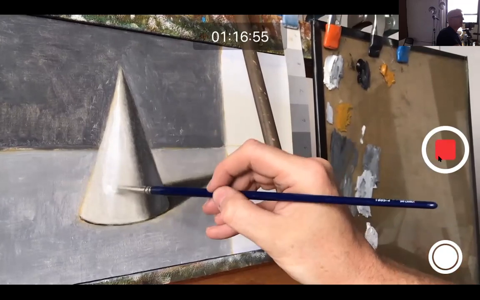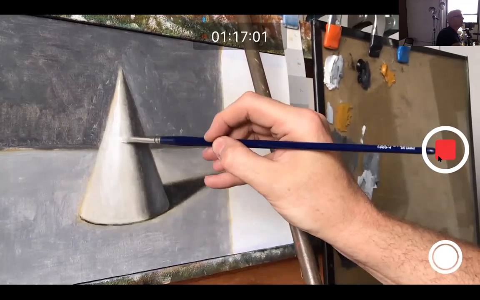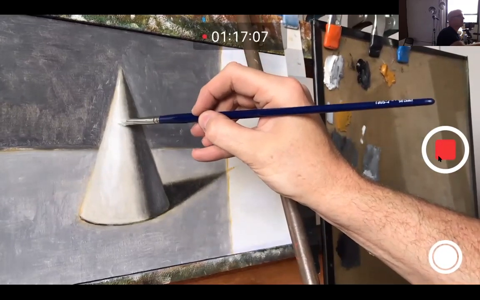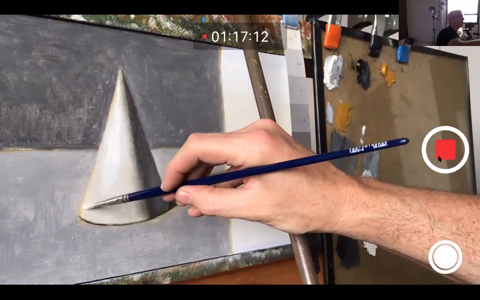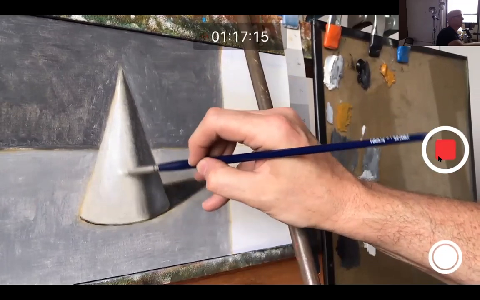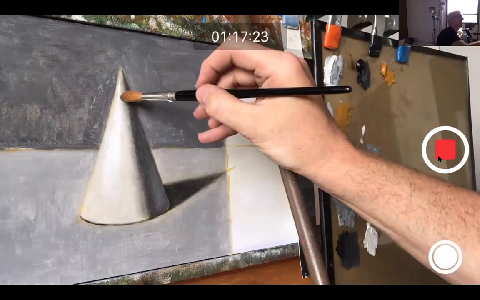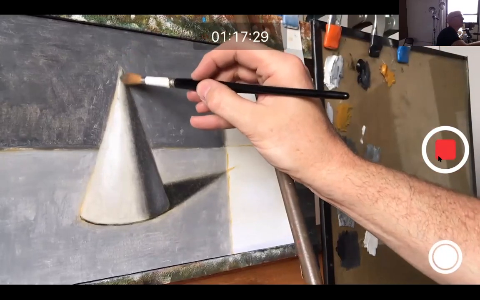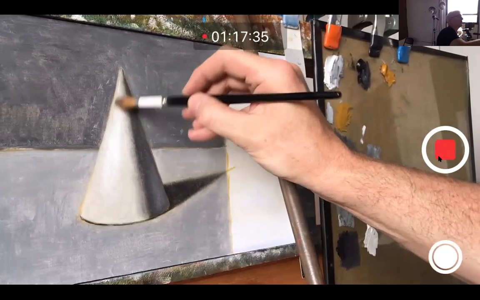So I will indicate that. I'm laying just pure white into the paint I have down, and I'm going to soften that out. I don't know if people just noticed, but I just used a dirty brush. Soften that paint.